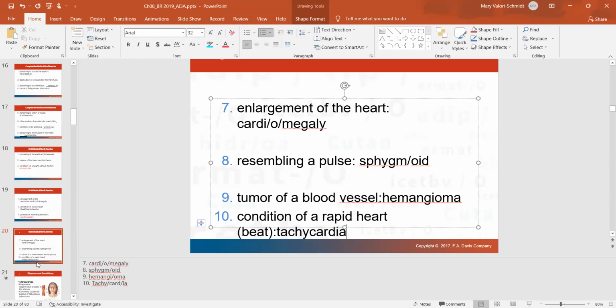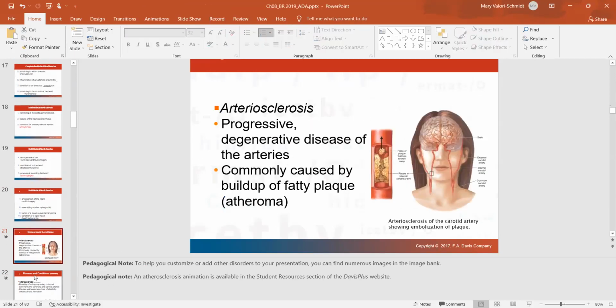Very good. All right. So now this goes into diseases and conditions, and I'll do my best with this PowerPoint. Like I said, I'm not a big lover of it, but so arteriosclerosis, arterio pertaining to your arteries, sclerosis, right? It's a breakdown or damage of. So this is something that happens to people.